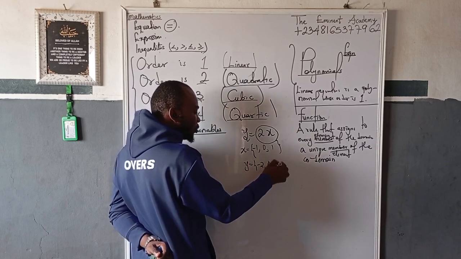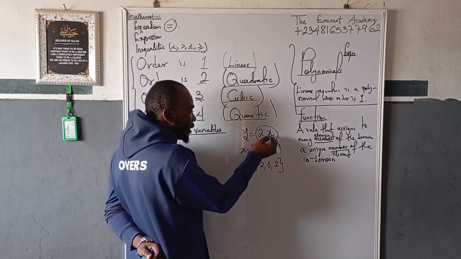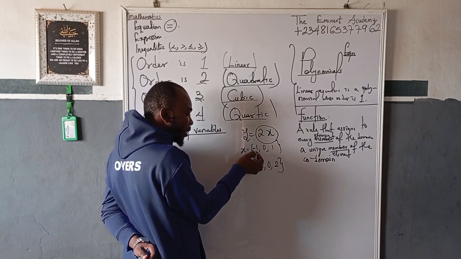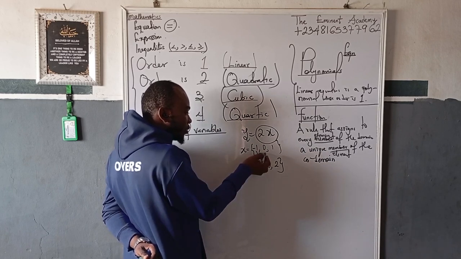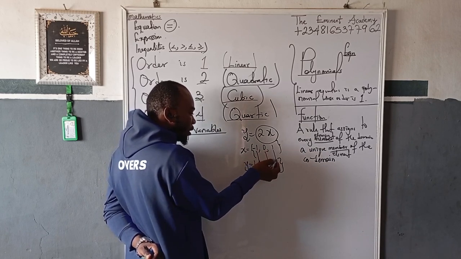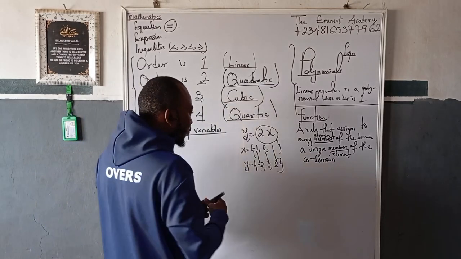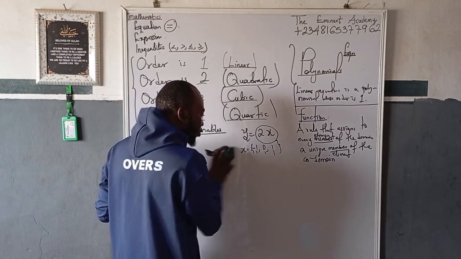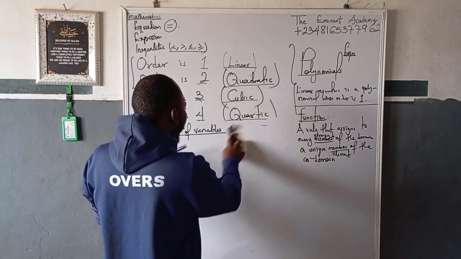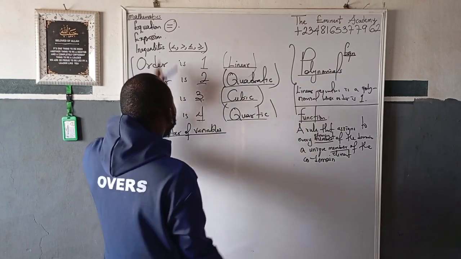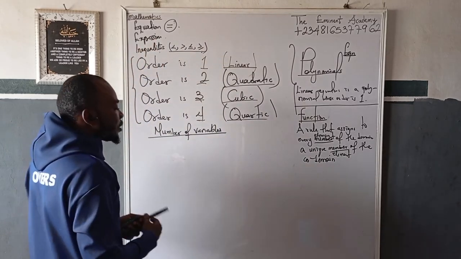When x is 1, y will be 2. So you can see that every member here is assigned to one member there. -1 takes -2, 0 takes 0, 1 takes 2. So that is what we call a function. Though we have many types of functions, we just want to use functions to explain the number of variables, how we classify equations, expressions, and inequalities by the number of variables.